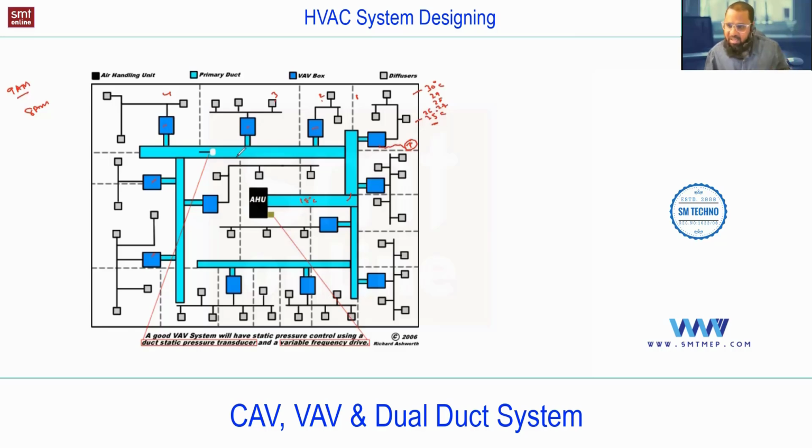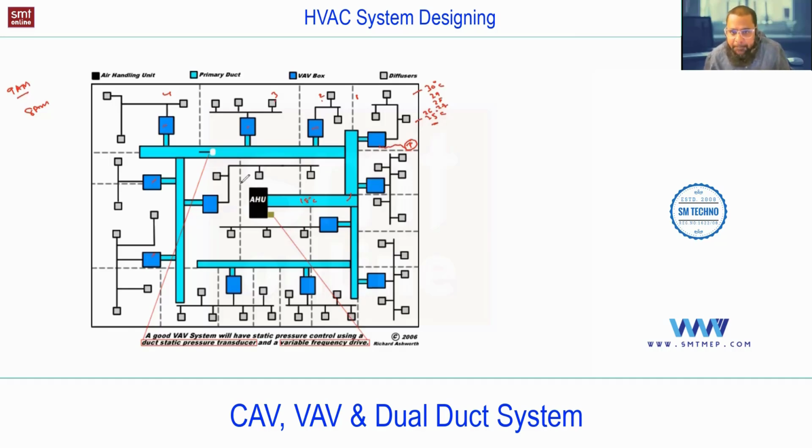So what will happen inside the duct? The pressure increases. Again, the sensor is continuously monitoring the pressure. As the pressure increases, it will give the signal to the control system. The control system will decrease the fan motor speed to maintain the required flow rate, right? And by decreasing the speed, the power frequency decreases, and the power consumption decreases. It means there is no wastage of energy in this.